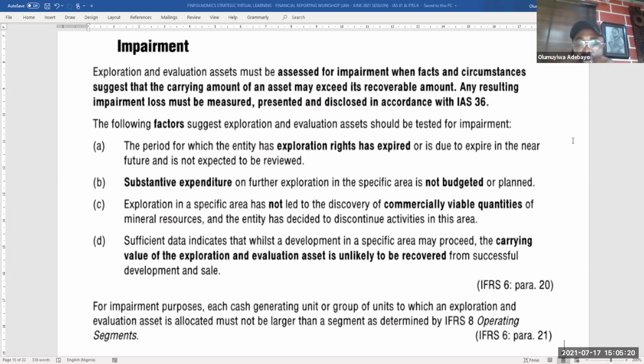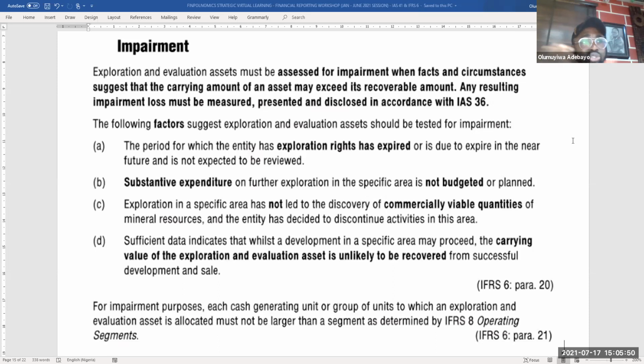The excess of the current amount of E&E asset over its recoverable amount will be recognized as an impairment loss in your profit or loss. Similarly, if there's any revaluation surplus earlier created by way of your accounting policy option of a revalued amount, such impairment loss will first be used to reduce to zero, if any, your revaluation surplus, and any excess above that will be charged to your profit or loss.